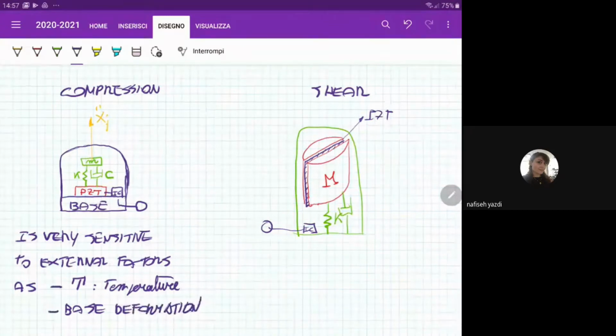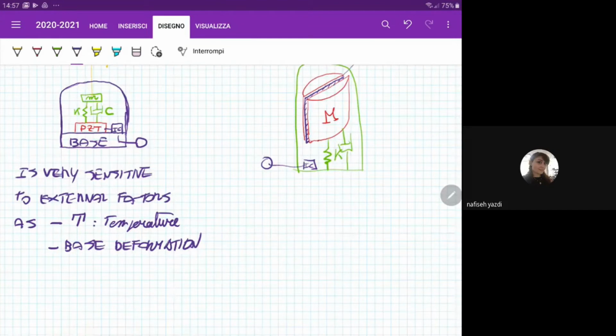These at least are the two important parameters that have to be considered.